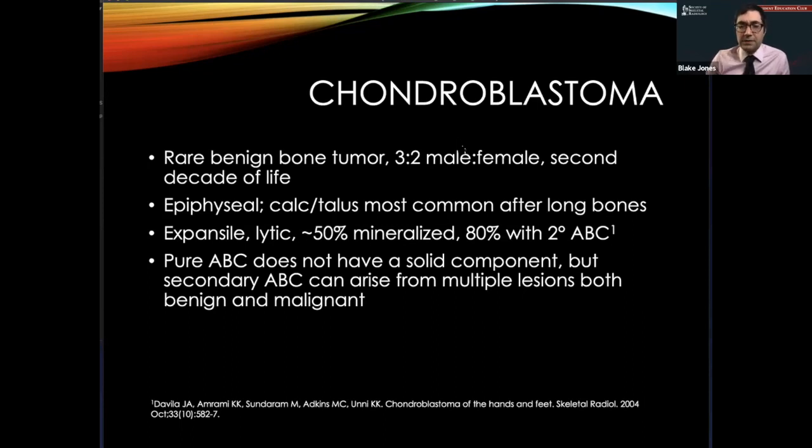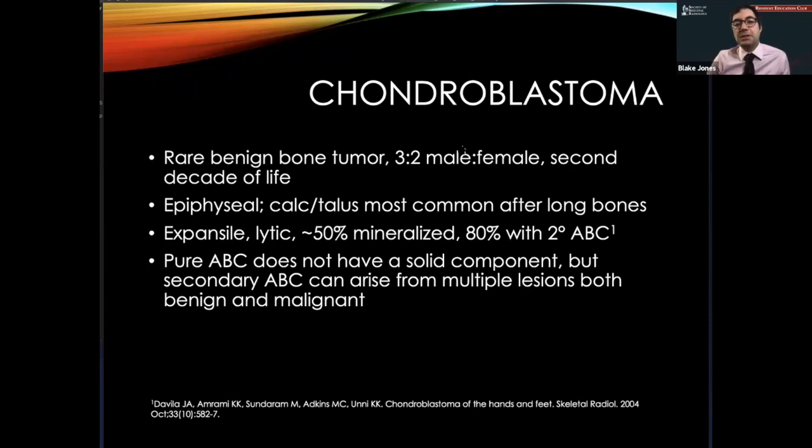The other features that this lesion had that are relatively common for chondroblastoma are a good degree of perilesional edema around it, and a joint effusion associated with it, which I would think to be less likely with a primary ABC. Chondroblastoma itself is a rare benign bone tumor, mostly male predominance, 3 to 2, and second decade of life, which fits with this case.